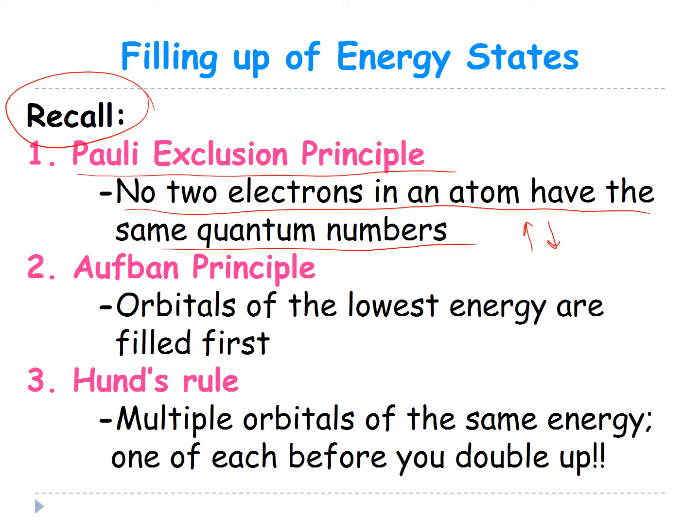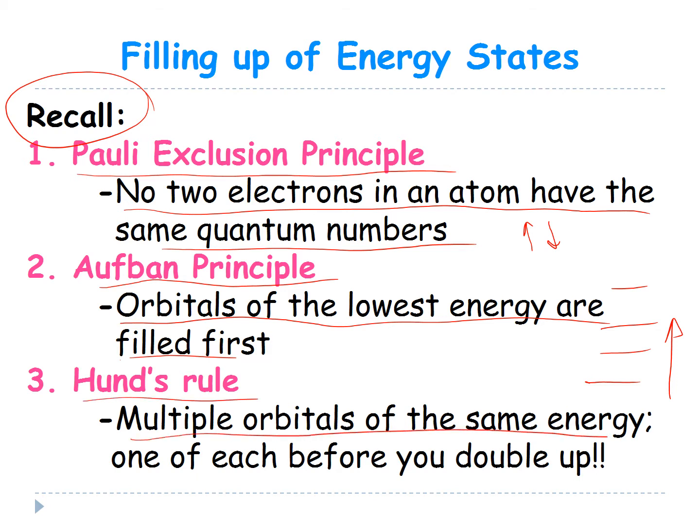The spin is also part of the quantum numbers. Then you have the Aufbau principle, which states that orbitals of the lowest energy are filled first. So if you are filling energy levels, you have to start from the bottom going up. And Hund's rule states that multiple orbitals of the same energy must be filled in such a way that you put one in each before you double up.